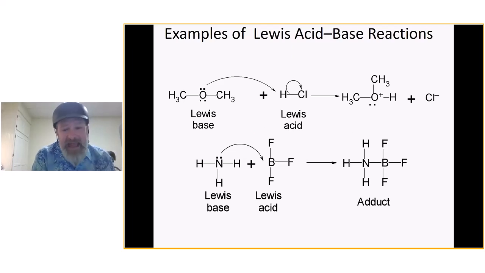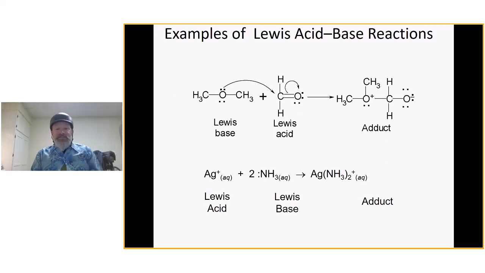But remember, HCl is a strong acid, so in all likelihood, the H3O+ is already floating around without the Cl- in this situation. Here's another one. We see again the reaction between ammonia and boron trifluoride, and it forms the adduct that we see there.